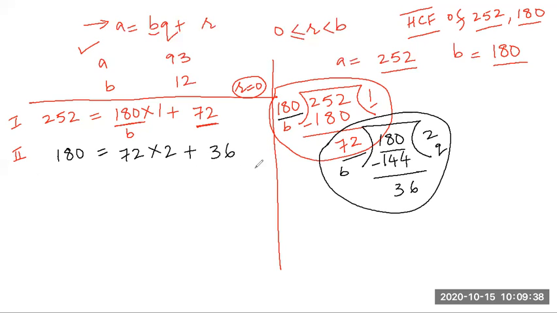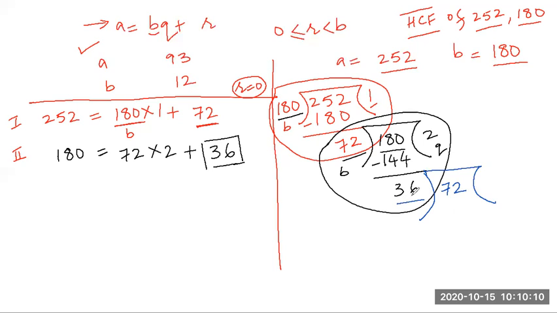It's not over. My HCF is a little bit far away maybe because R is not equal to 0. I have to keep continuing till my R becomes 0. Now again, next step, what I do, I imagine the 36 remainder to be the divisor, and this 72, which initially was the divisor, in the third step becomes the dividend. So 72 comes inside.